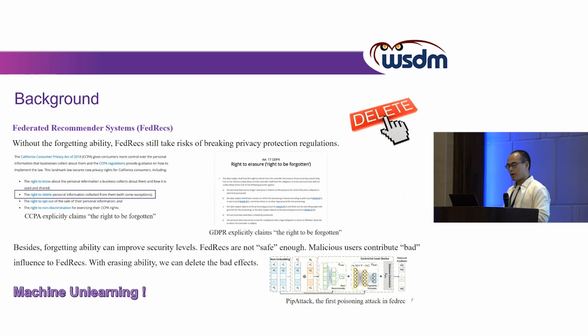And besides, with the forgetting ability, we can improve the FedRecs security level because current works already point out that FedRecs are vulnerable to malicious users. And if we can erase the malicious users' influence during training time, we can make our FedRecs safer.